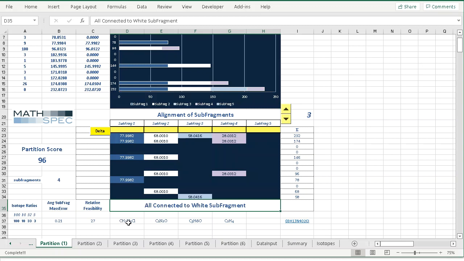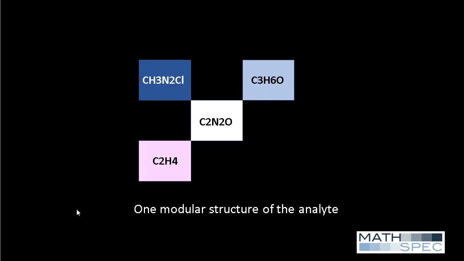So I can view this thing, if you will, in the middle, and each of these other three subformulas are connected to that. So I can redraw this as one of the modular structures of the analyte. So this is partition 1. So we basically have four subformulas.